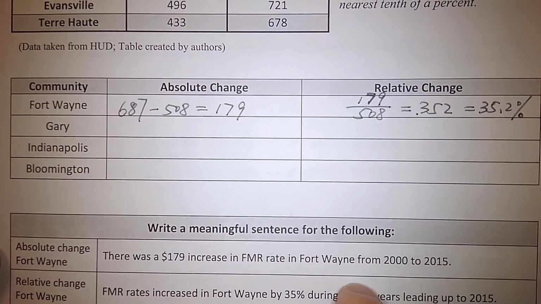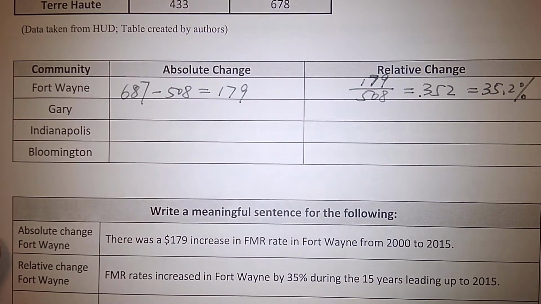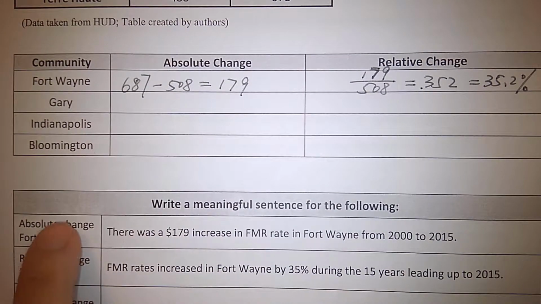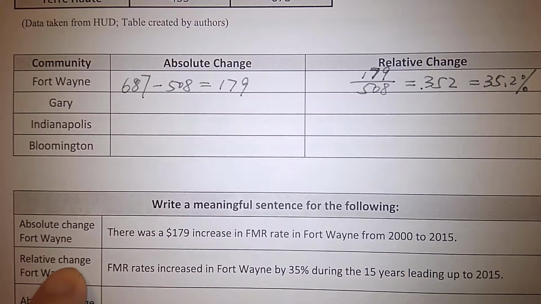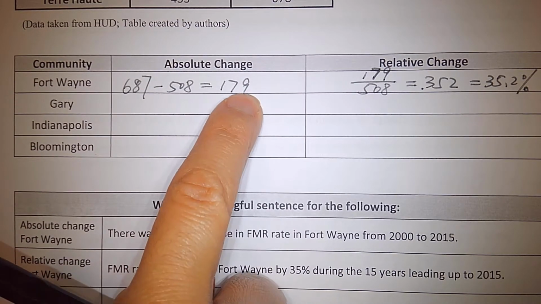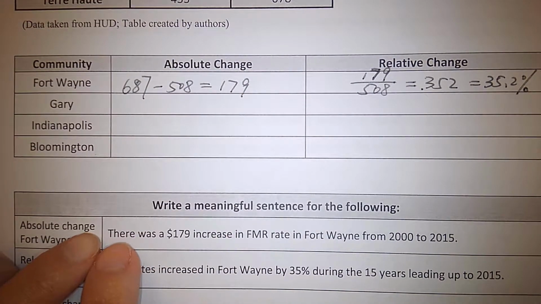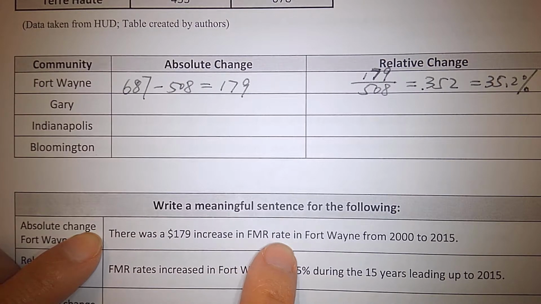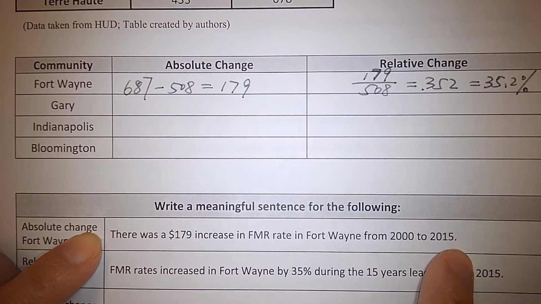Okay. Write a meaningful sentence for the following. For Fort Wayne, this is the answer we get. You say, there was a $179 increase in FMR rate in Fort Wayne from this year to that year.